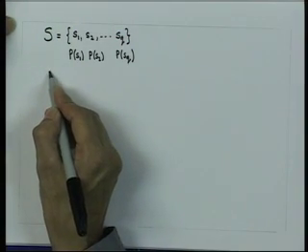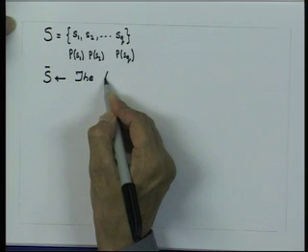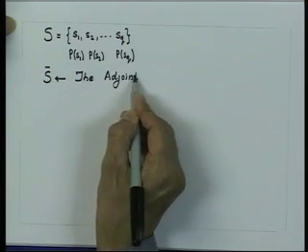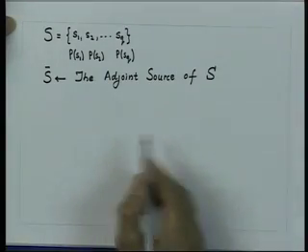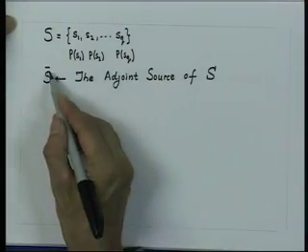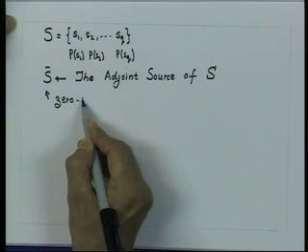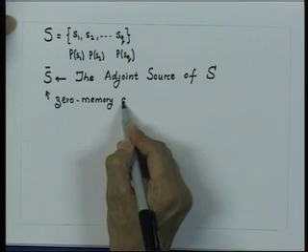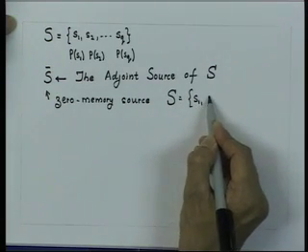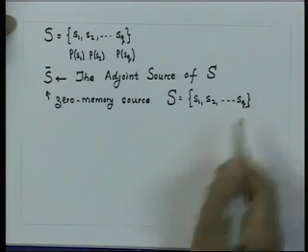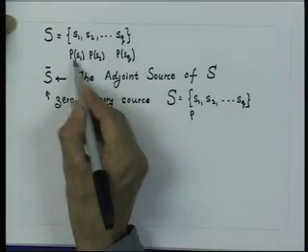Now, let me define another source S bar, and this S bar is known as the adjoint source of S. This source S bar, which is the adjoint source of S, is a 0 memory source with the identical source alphabet S given as S1, S2, Sq and identical first order symbol probabilities P(S1), P(S2), P(Sq).